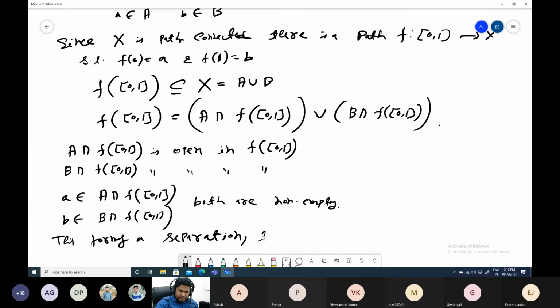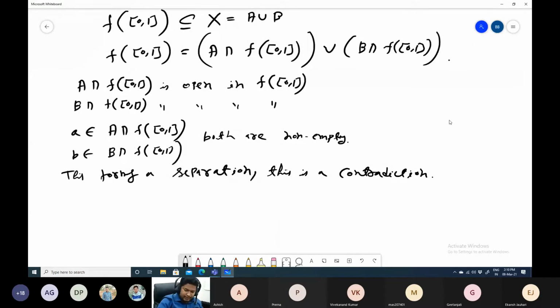Now which is a contradiction. Why is this a contradiction? Because [0,1] is connected, and as [0,1] is connected, it implies f([0,1]) is connected.